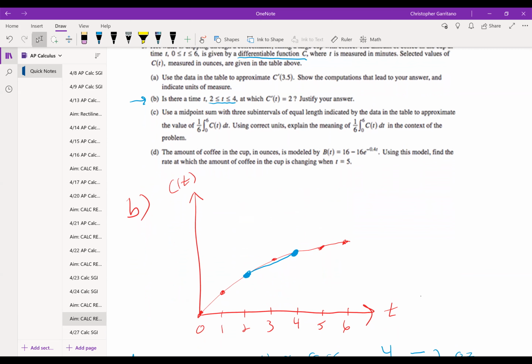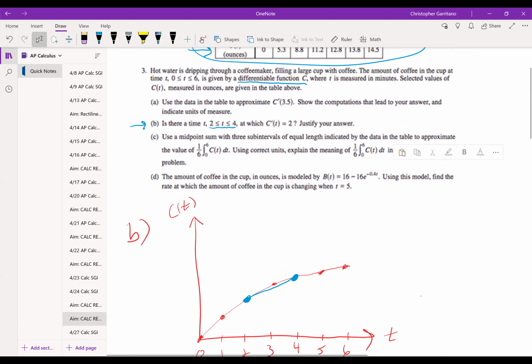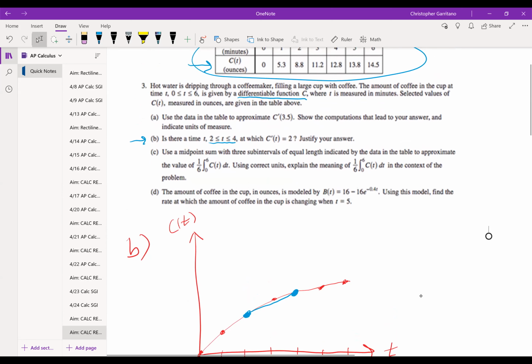Part B asks us to look only at t equals 2 to t equals 4. And it's saying, is there an instantaneous rate of change on this interval that is equal to 2 ounces per minute? So is there any instant such that the instantaneous rate of change is equal to 2 ounces per minute?